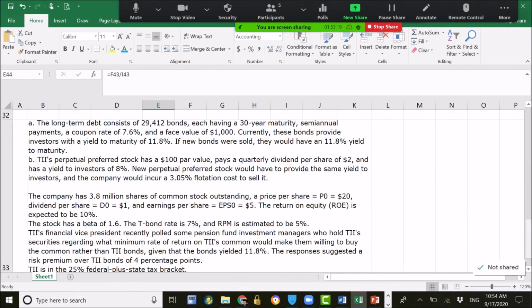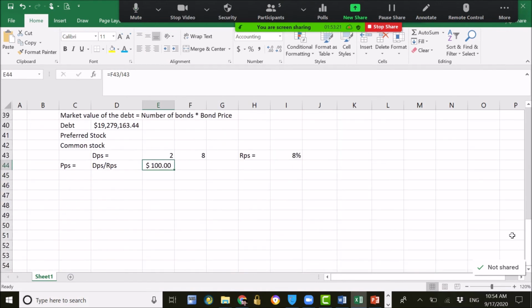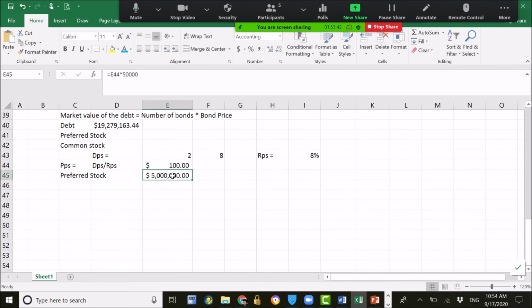So the 50,000 preferred shares, and also I'm going to put here: preferred stock value equals that price times 50,000, right? So $5 million is the preferred stock.